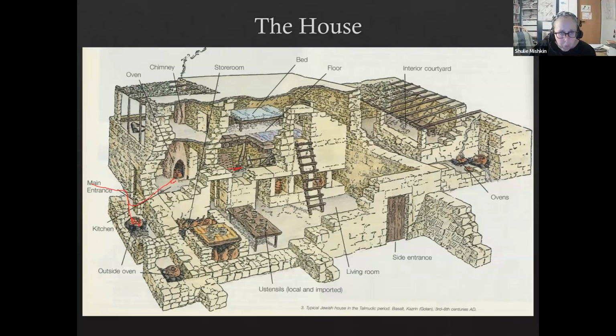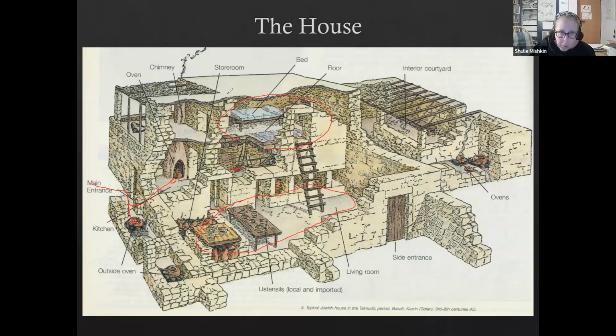We have the main room, what we would call today the multi-purpose room. This is where you eat. This is where your kids sleep. This is where you hang out. This is where everything is happening. You have a ladder to what's called an aliyah or an aliyat gag, a second floor, a loft. We're going to talk about that in a moment.